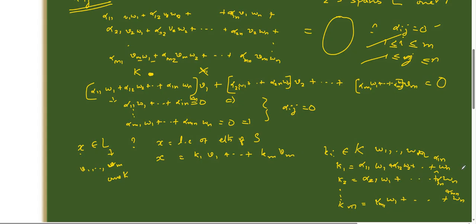Now you substitute all this for k1, k2 and so on. You just substitute here. What you get is this. Finally, you will get only this, so this is my x. So we can make use of the process that we used for showing that S is linearly independent for this also.